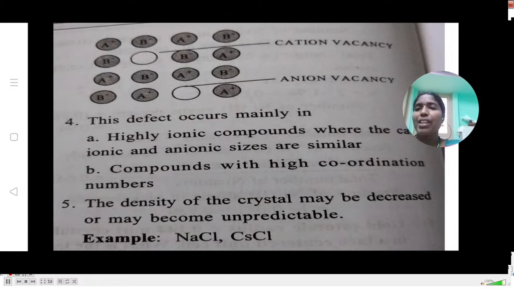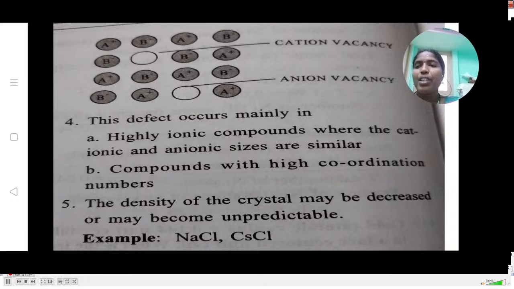This defect occurs mainly in highly ionic compounds where the cationic and anionic sizes are similar.